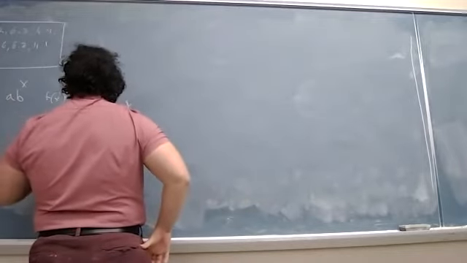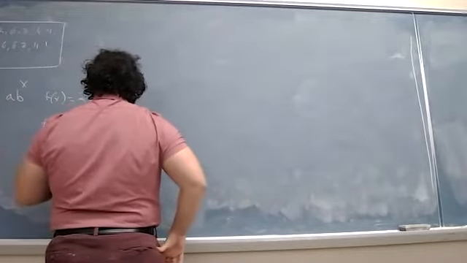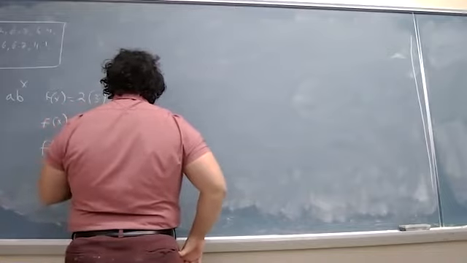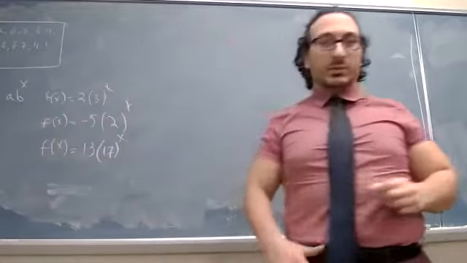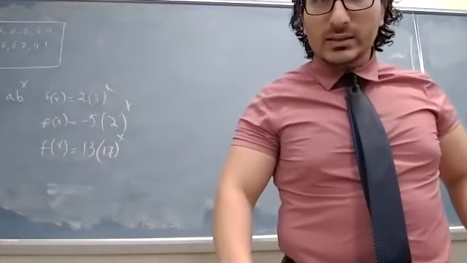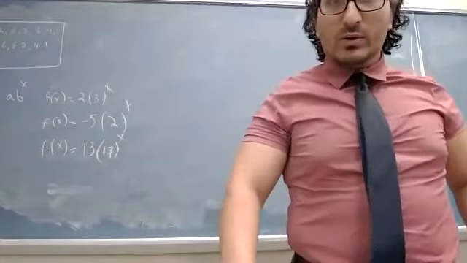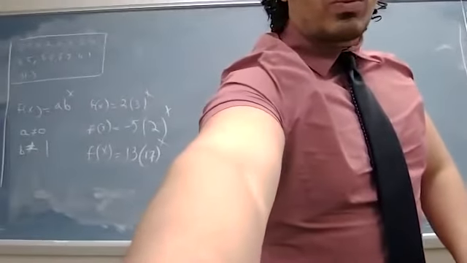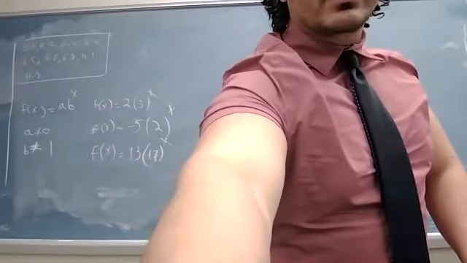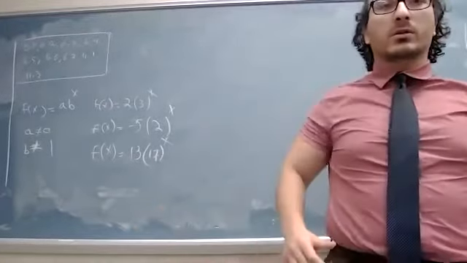How about f of x is equal to 13 times 17 raised to the x power? All these are examples of exponential functions. I can't see over where you're writing. Oh yeah, here we go. Thanks for letting me know.